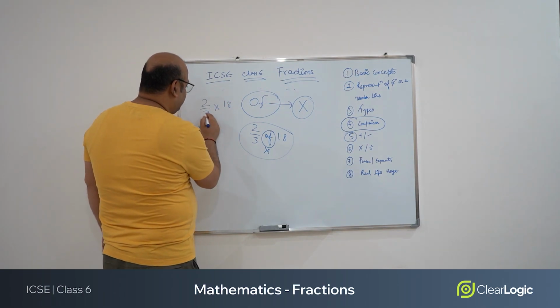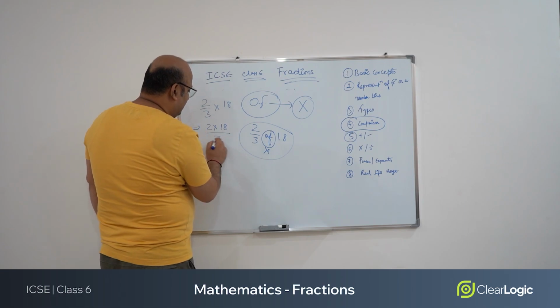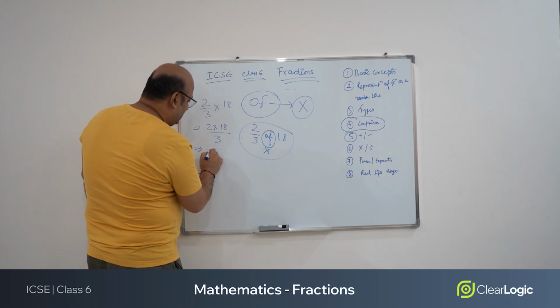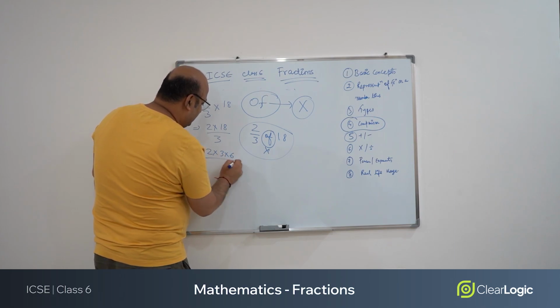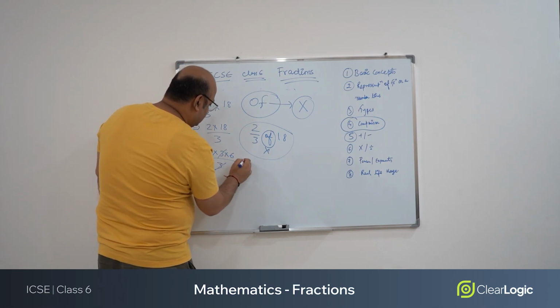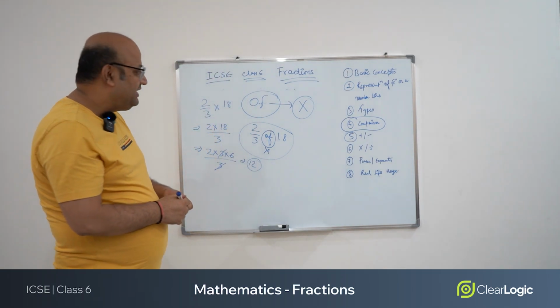So again, very simple, 2 multiplied by 18 divided by 3, then we'll reduce, 3 into 6 divided by 3, this will be 12. So this is how you will proceed with the multiplication.